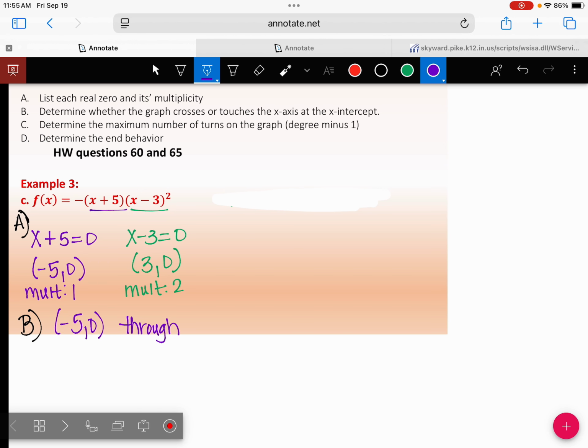But at positive 3, because that's even, it's just going to bounce or touch. And on Monday, we're going to actually graph these functions. So kind of goes together what we're going to do Monday and what we're doing today.